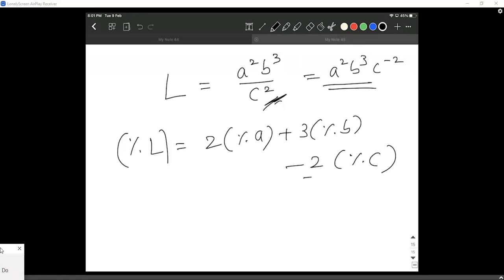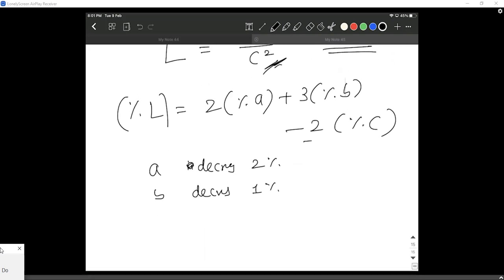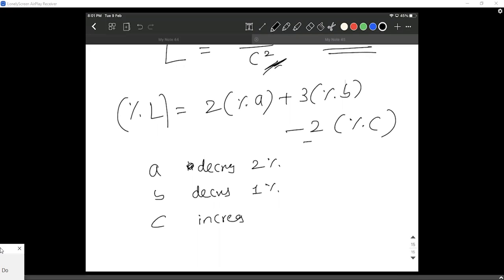Somebody gives you a question saying A is decreased by 2%, B is increased by 1%, and C is also increased by 1%.